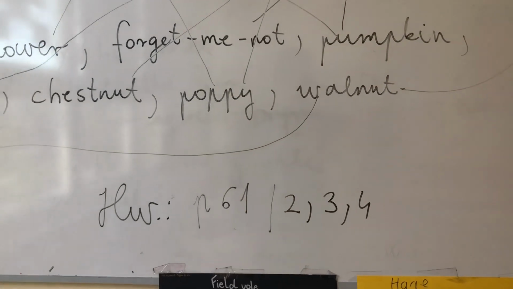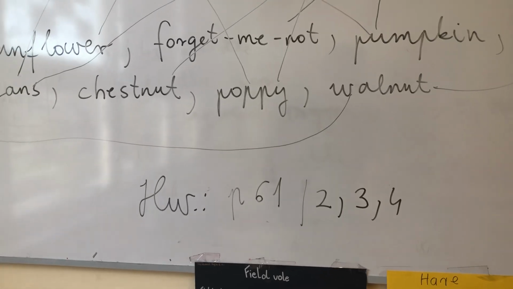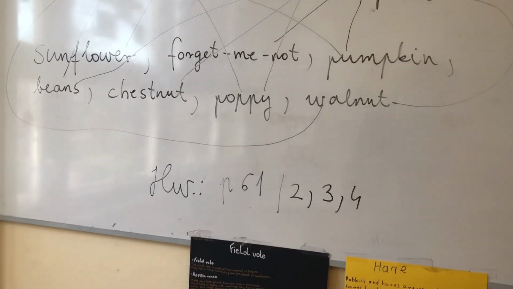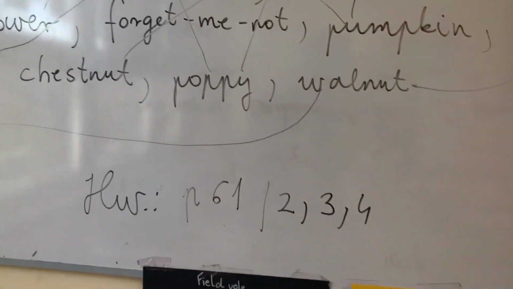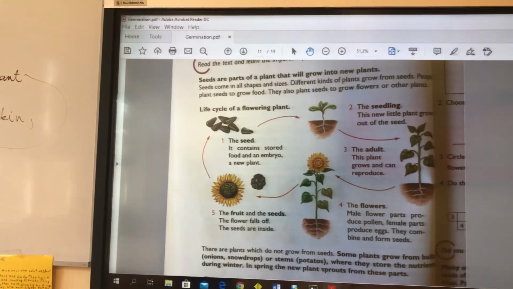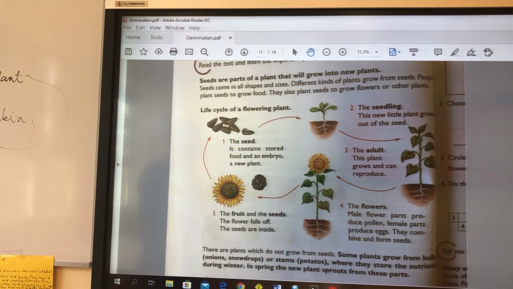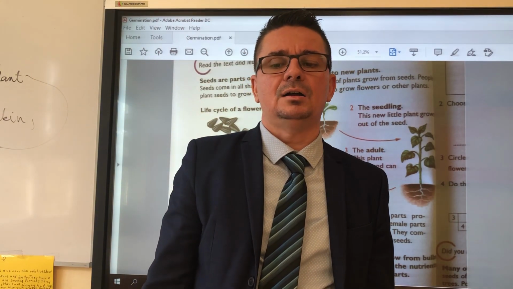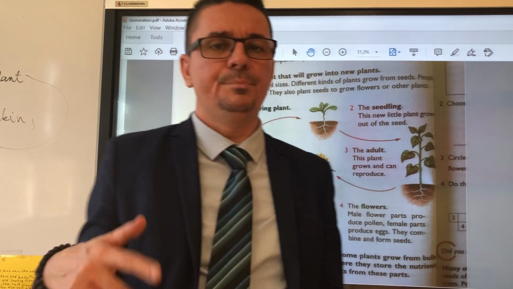In the book, please find these 3 tasks on page 61. Task 2, 3, and 4. In task 2, you need to draw some seeds which you know well, and write their names under them. Next time, we are going to check the written homework, and we are going to revise a bit as well.